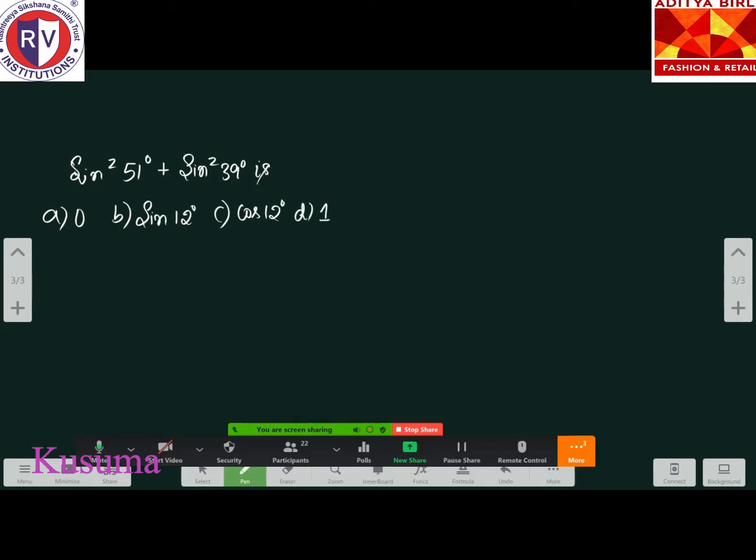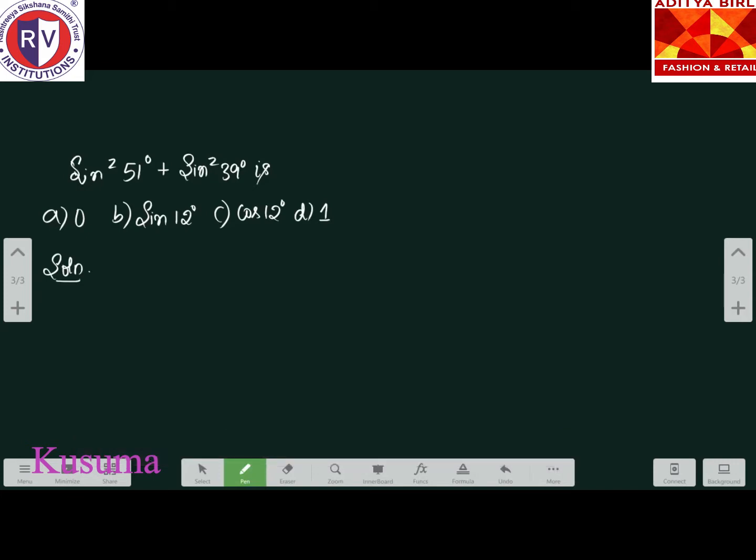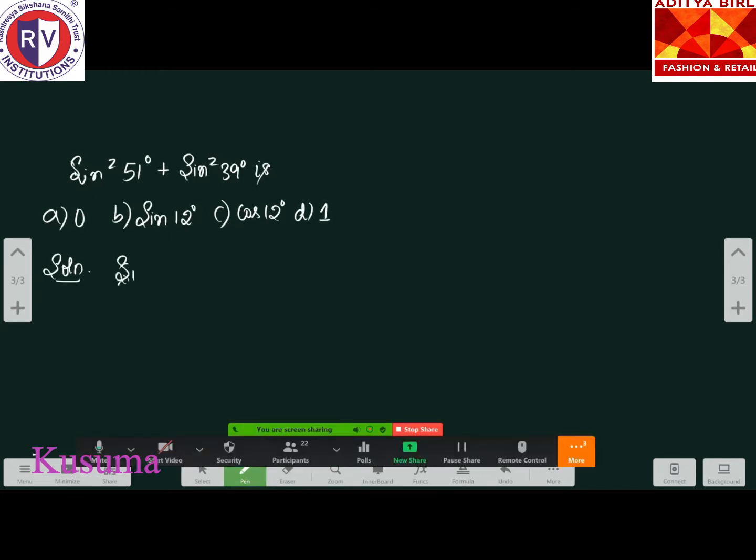So this question is very simple. Option D. How? Taking the angle as 90 minus 51. Very good. So this will be sine square 51 degree.